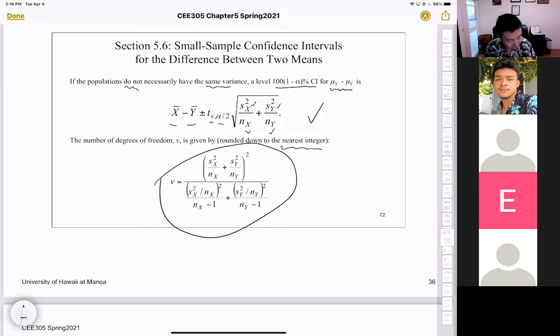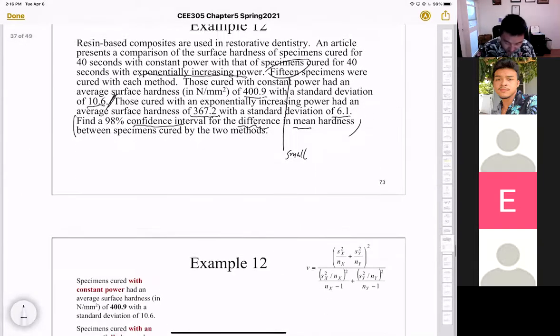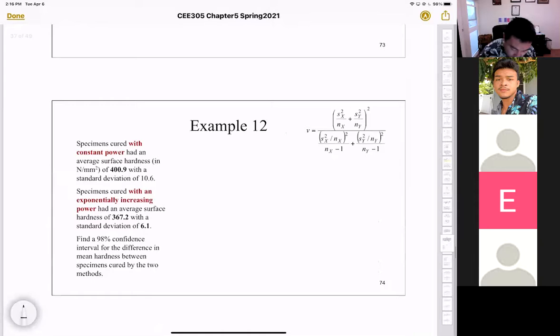First of all, let's figure out the parameters we need. For the sample mean, it's given by the question, 409. For the sample standard deviation for one of the methods, 10.6. The sample size, 15.